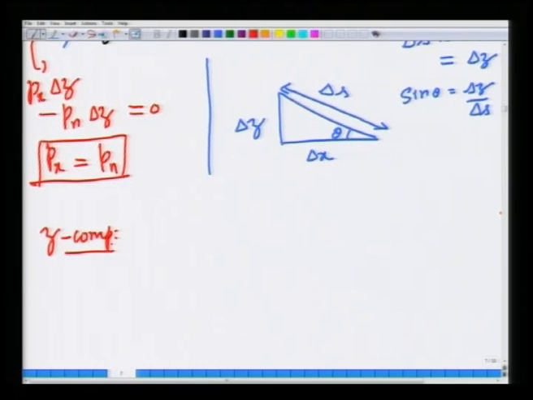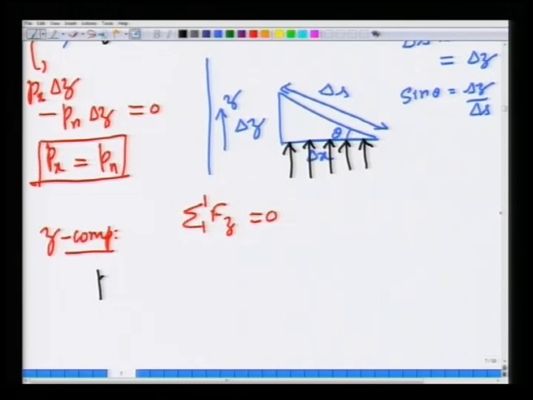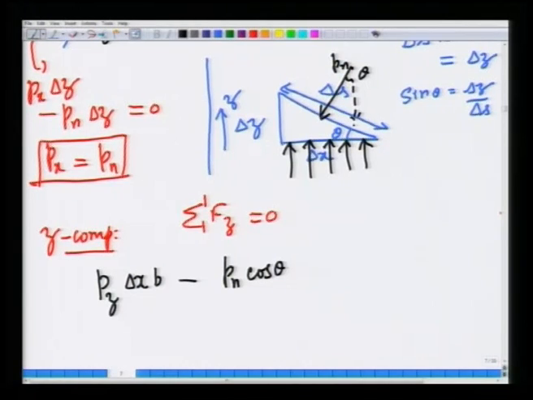Here the sum of all the forces in the z direction must be 0. Remember this is the z direction. The forces acting in the positive z direction are P z times delta x times B, and then in the negative z direction you have minus P n cos theta, that is the component of the force P n in the vertical direction, but it is negative because it is acting in the minus z direction.